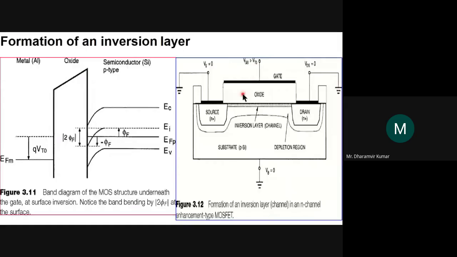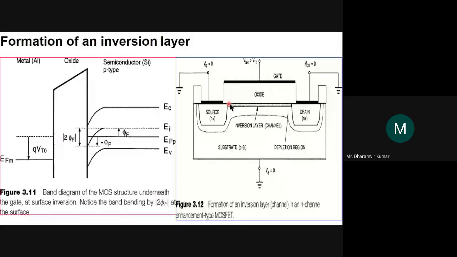The inversion layer is formed just at the surface of the substrate, at the interface between the gate and the substrate. This is the gate area, this is the semiconductor, and this is the interface between the oxide and the substrate. Just near the surface, near the interface, this inversion layer is formed. Remember that the depletion region still exists there, because we are still applying a positive voltage at the gate terminal.